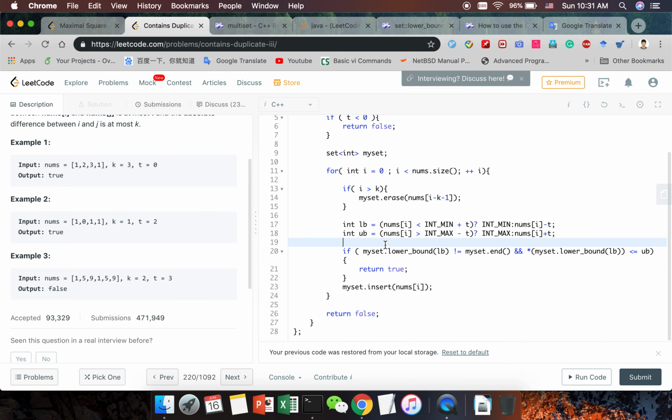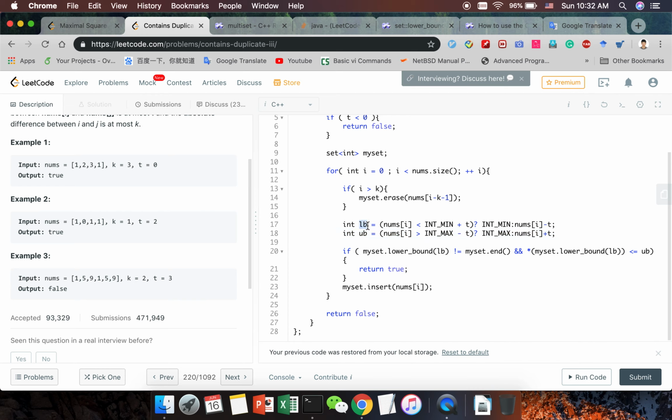If we can find such numbers, it means the absolute difference between these two numbers in this window satisfies the second condition, so we can return true.